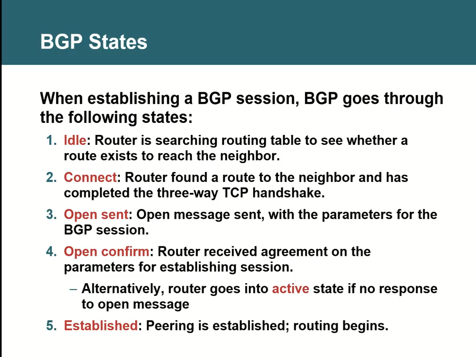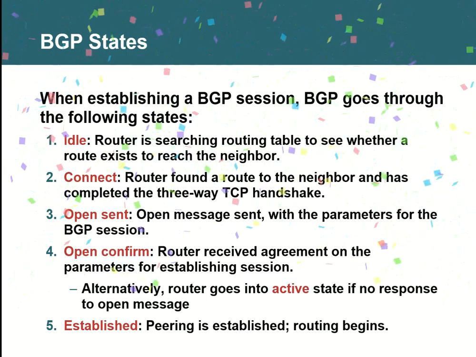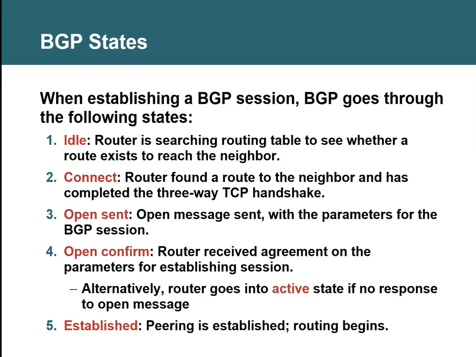During the time of knowing the route to reach the neighbor, it will go from active to idle. Initially, it will be actively waiting for you to configure the neighbor IP addresses. As soon as you hit enter, it goes and checks the routing table to see whether it can reach the neighbor. That period is the idle period.